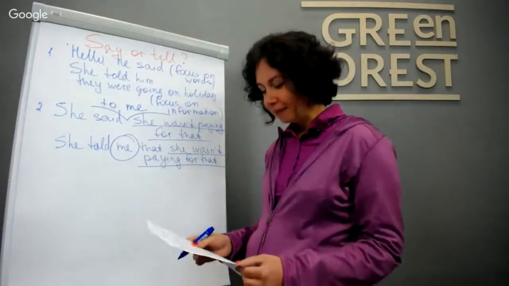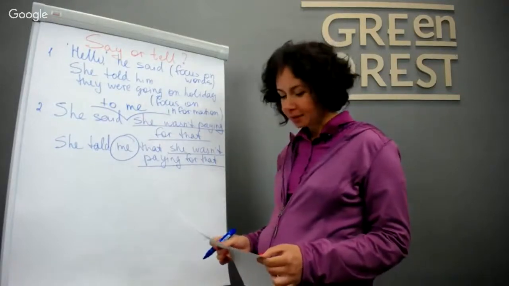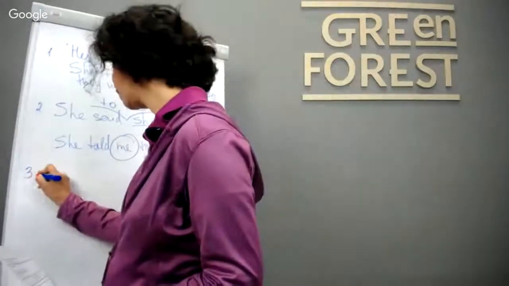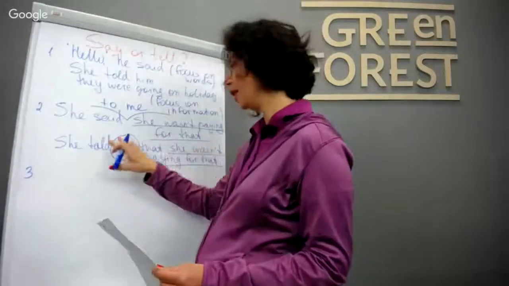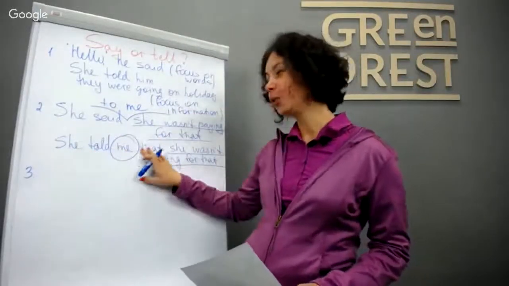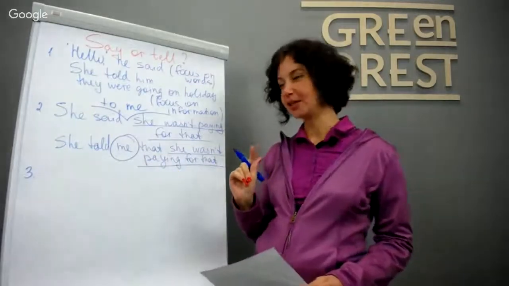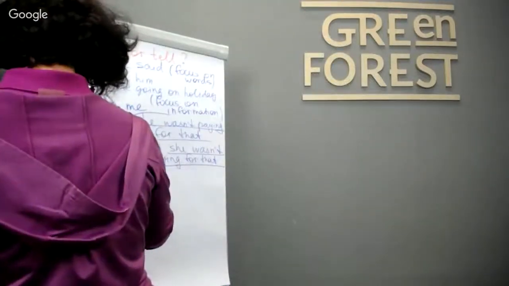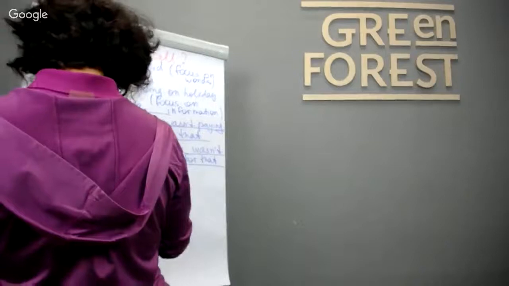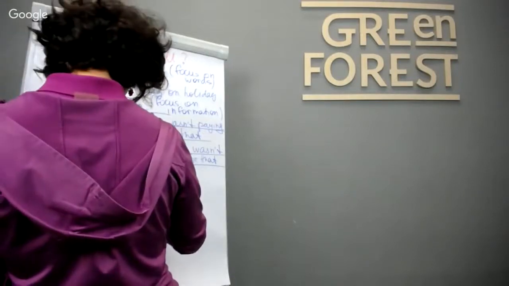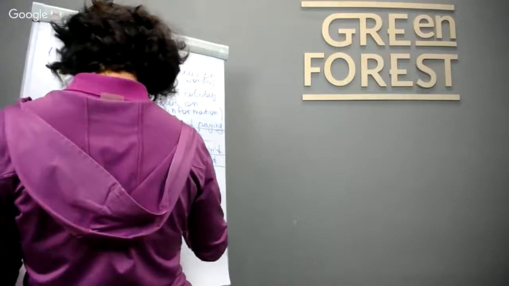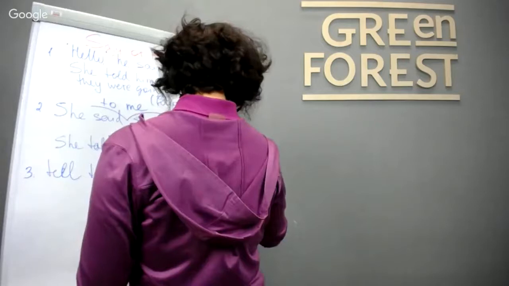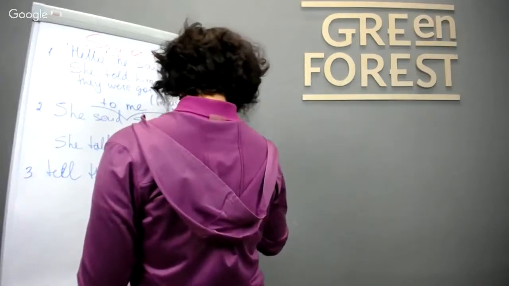Okay. Also, we have some set phrases with tell, which you need to know. This is kind of an exception. In all cases, we say whom she told, but we have a few phrases in which we don't use whom. I will write them down. So the first one: tell the truth, tell a lie, tell a joke, and tell a story.